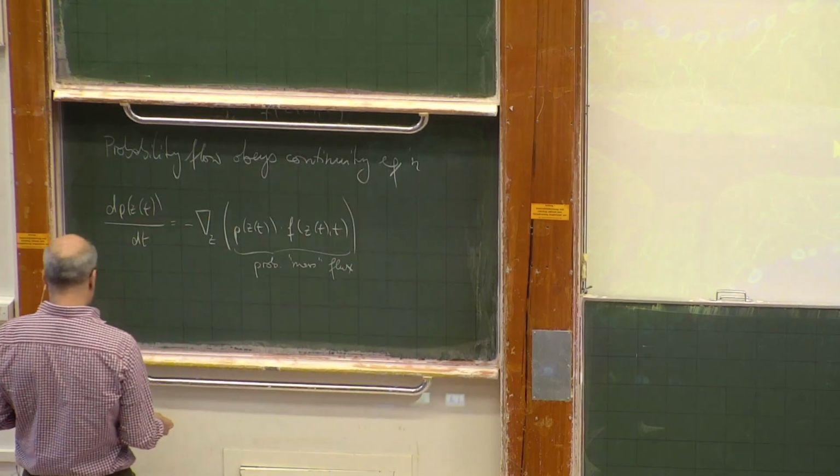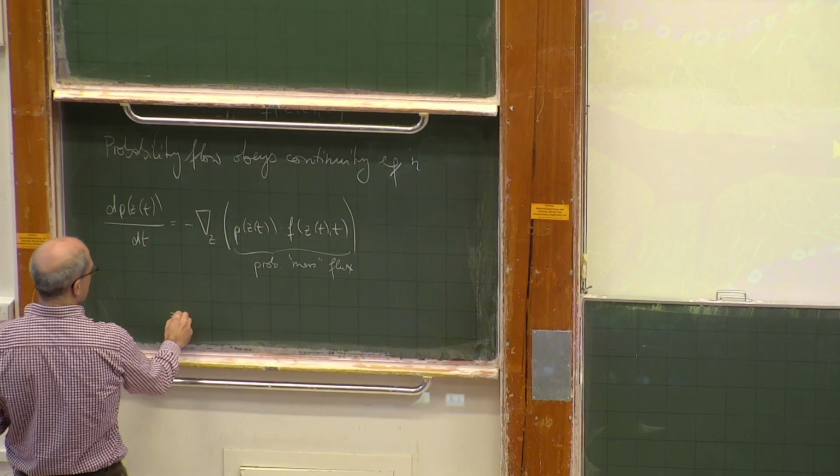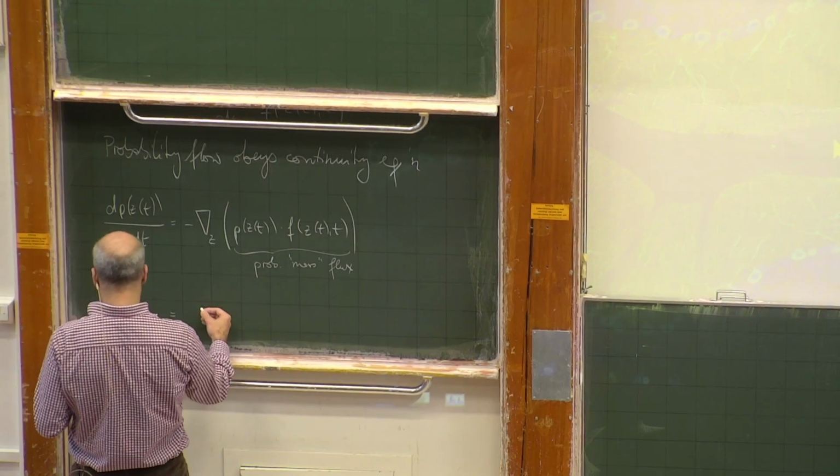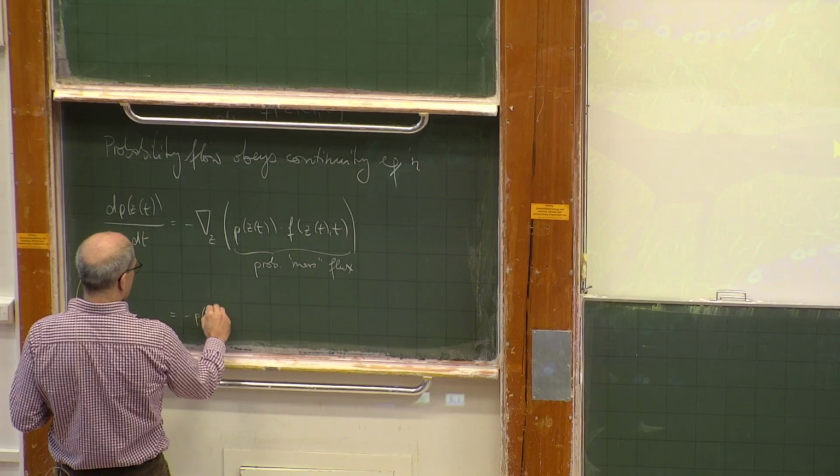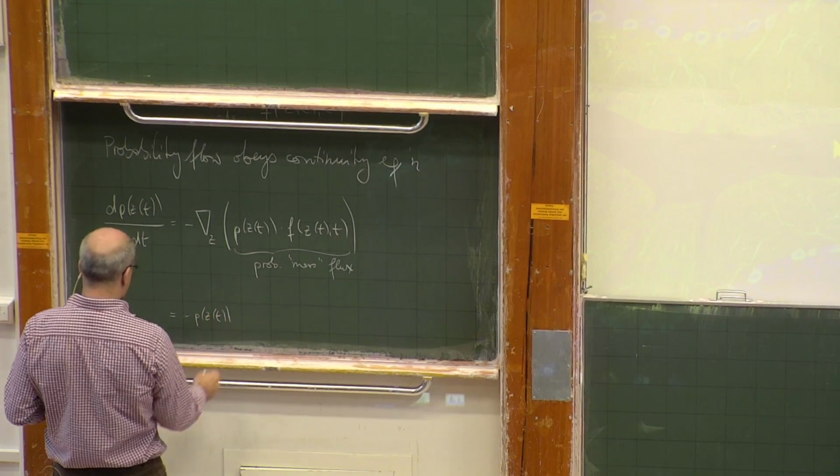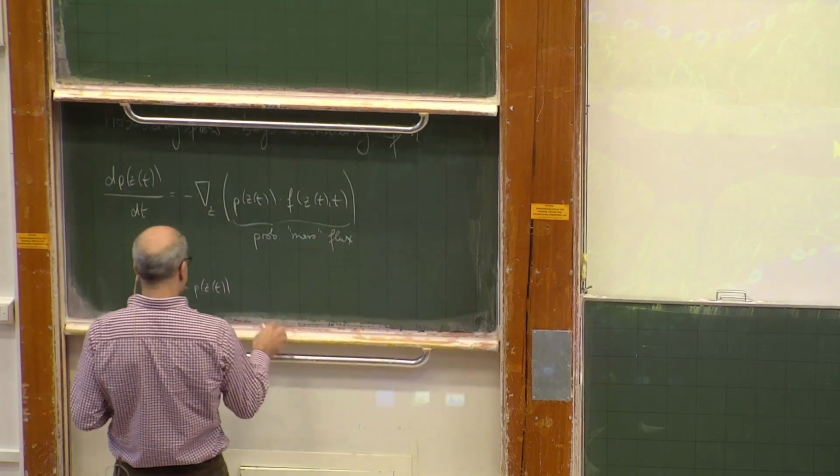And if we multiply this out, we get two contributions here. We have, on the one hand, the probability weighted divergence of the flow.